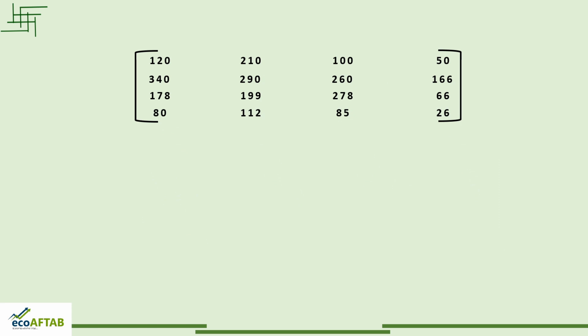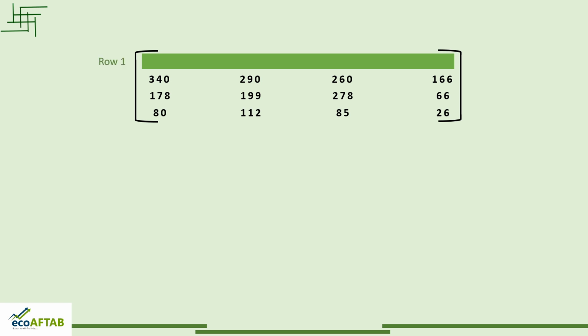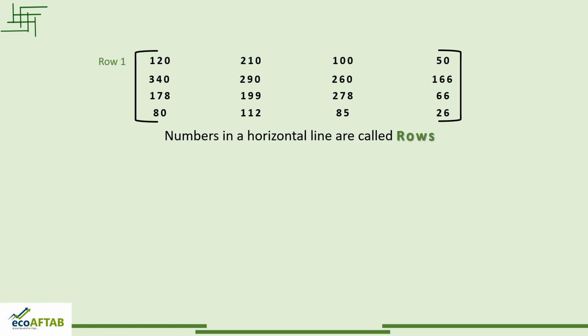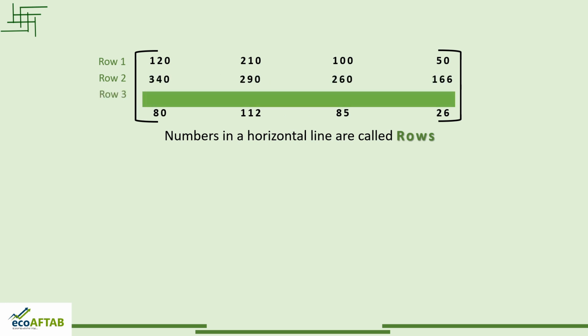When I speak about matrix or matrices, this particular green strip is the row. This is row 1. So what do we mean by rows in a matrix? Numbers that are there in the horizontal line are called rows. This is our row 1. Next is row 2, then row 3, then row 4.